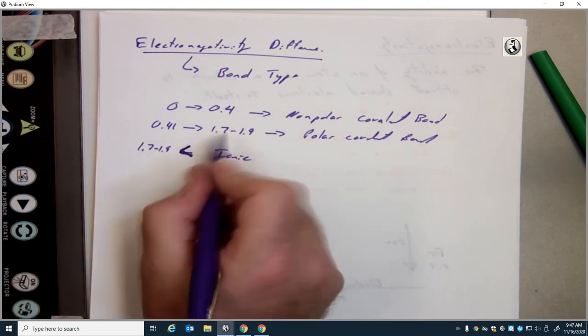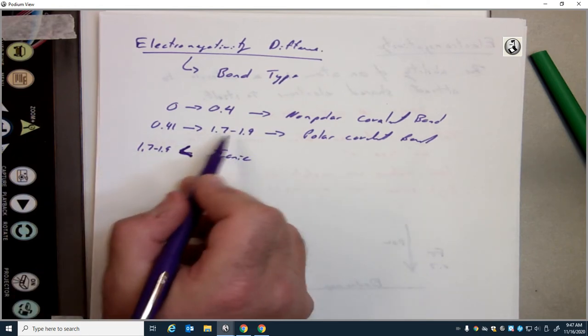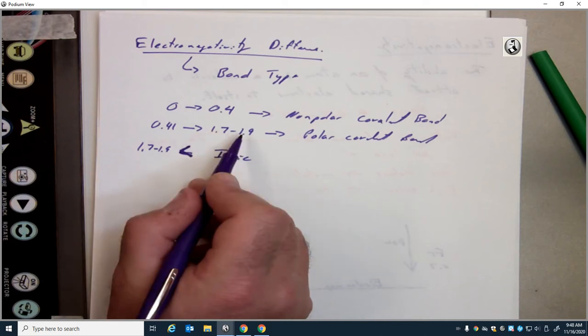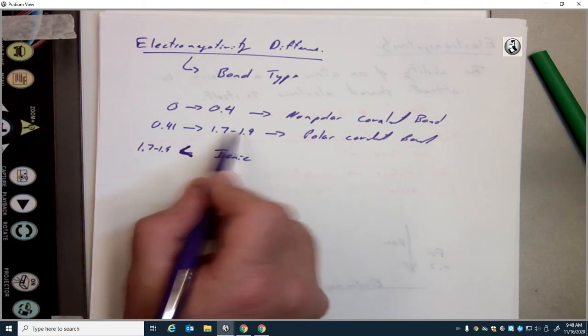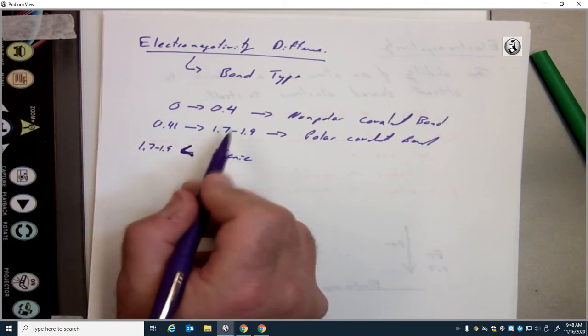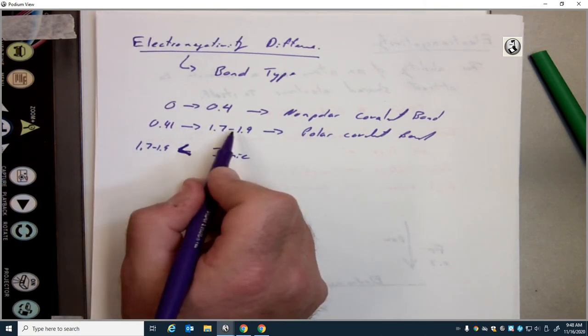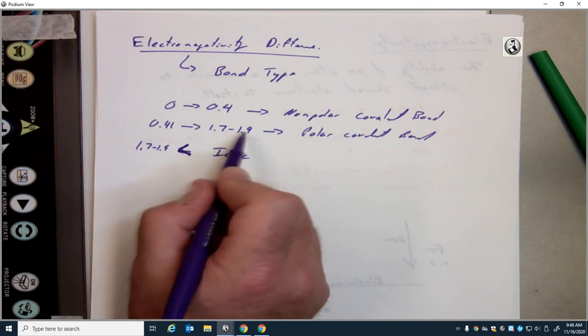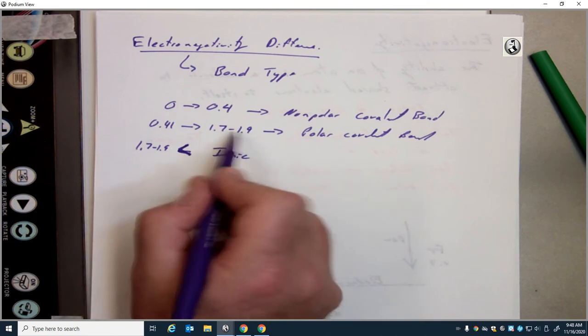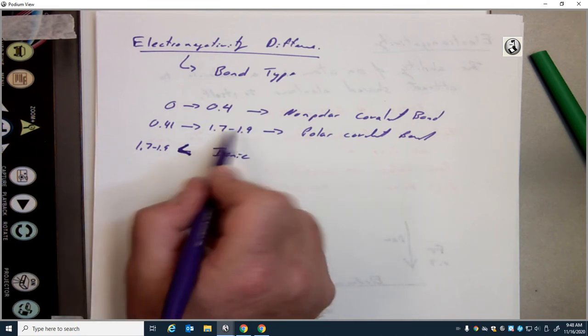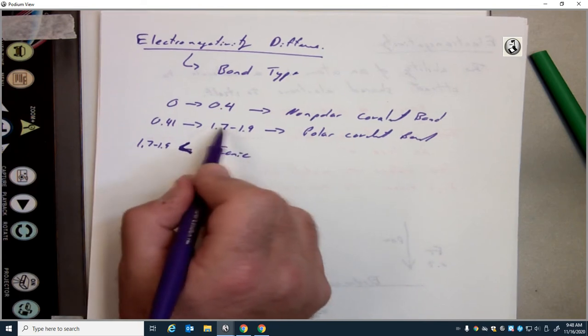Now, here's the problem. This is why I'm giving you these numbers. So the line between a polar covalent bond and an ionic bond, it's not perfect, all right? So some bonds that lie in here are ionic and some are covalent. And we'll talk about that.